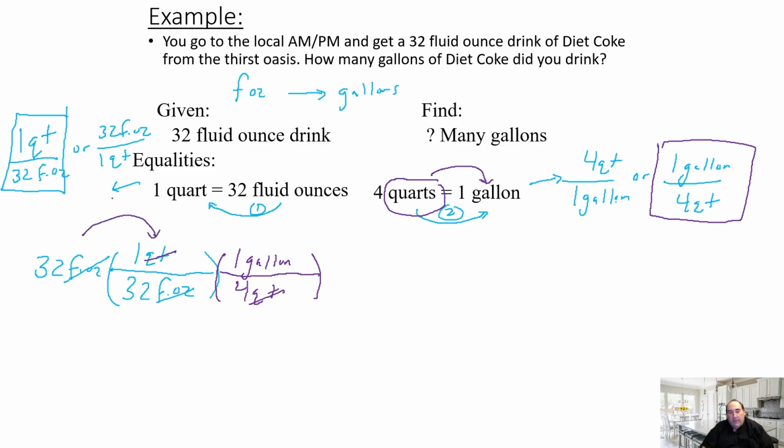We're going to multiply everything on the top, and come back and divide by what is on the bottom. Once again here, I'm going to multiply what I got on top, which is basically 32 times 1. I'm going to hit equals. I'm going to divide it by the first number on the bottom, which is 32. I'm going to hit equals. I'm going to divide it by the second number on the bottom, which is 4. I'm going to hit equals.